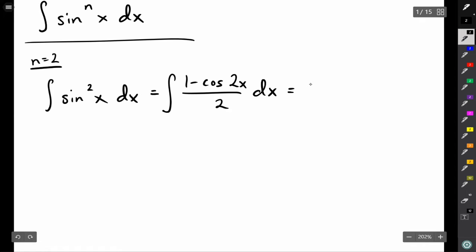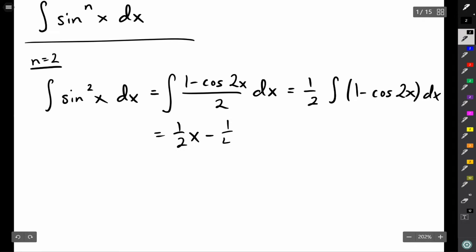And of course, then we factor out the 1/2, and it becomes a simple, straightforward integral. Right, so this becomes 1/2 x minus 1/4 sine of 2x plus c. Right, nothing too surprising here.